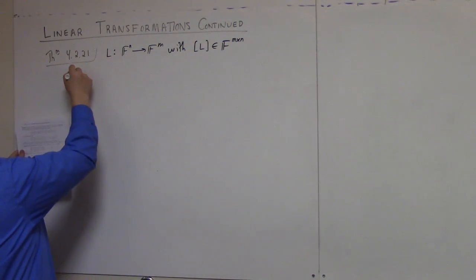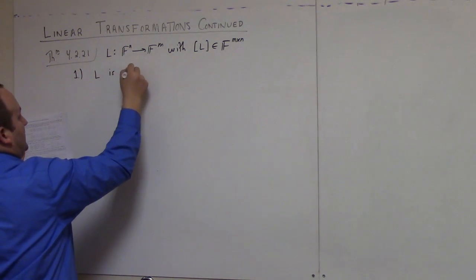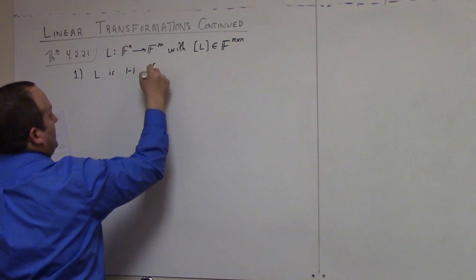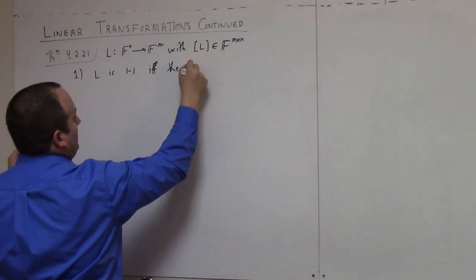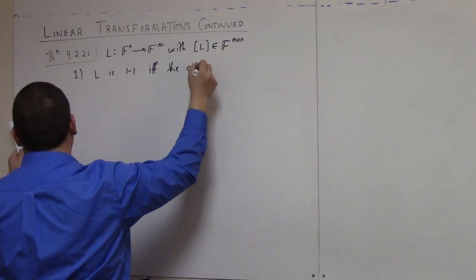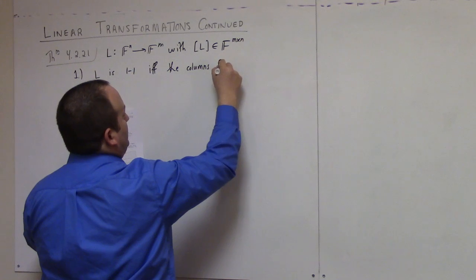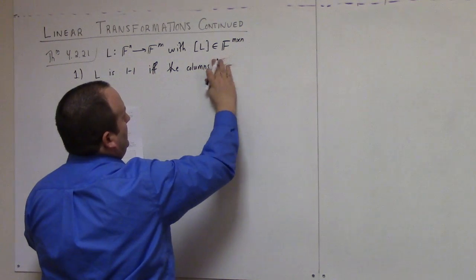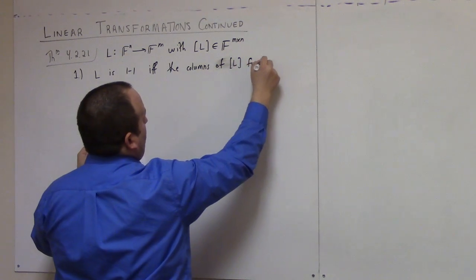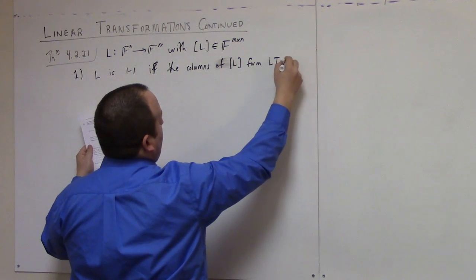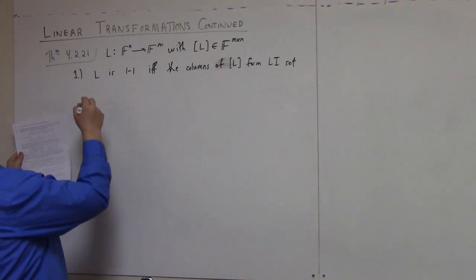Then 1, L is 1 to 1, or L is injective, if and only if the columns of the standard matrix are linearly independent. The columns form a linearly independent set. Columns of the standard matrix form a linearly independent set, obviously a subset of Fm.